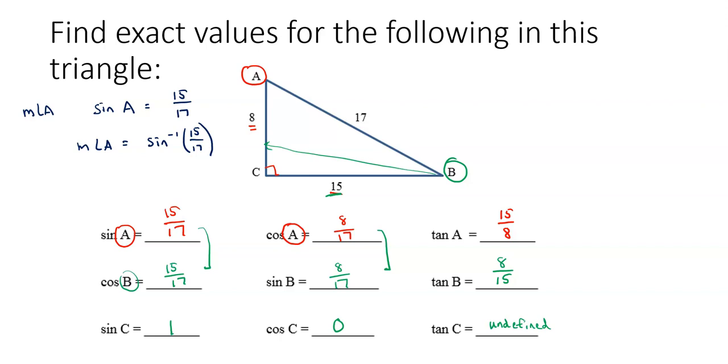Then you've got to find the inverse sine. So on my calculator, I have a sine button, but then I also have on top of the sine button a sine with a little -1. That's the inverse sine. So on my calculator, I got to hit the second button and sine, and it opens up a set of parentheses because that is what produces the inverse sine. And then I type in 15 over 17.